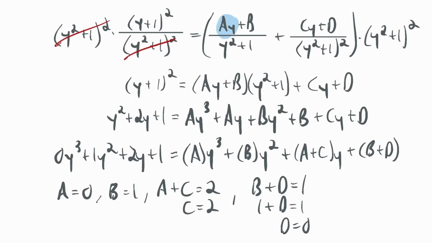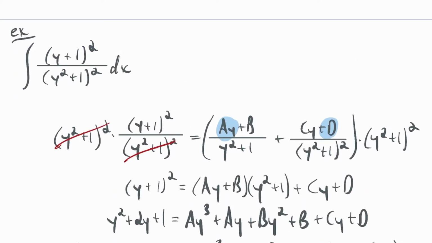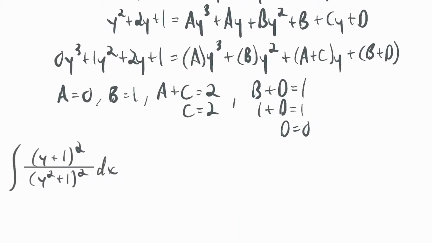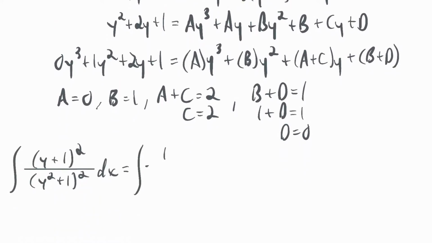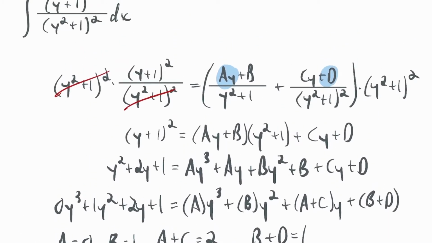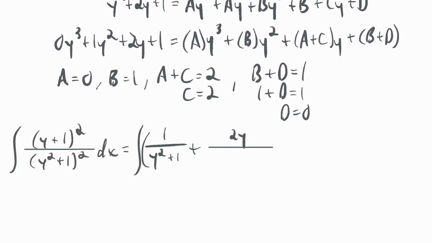This whole term in the numerator doesn't matter, it just goes away. And then this one goes away as well. So when I go to copy this down, this is equal to the integral of b, which was 1, over y squared plus 1 plus cy, so 2y, over y squared plus 1 squared.